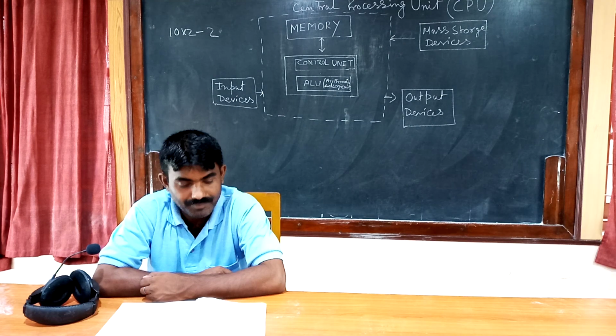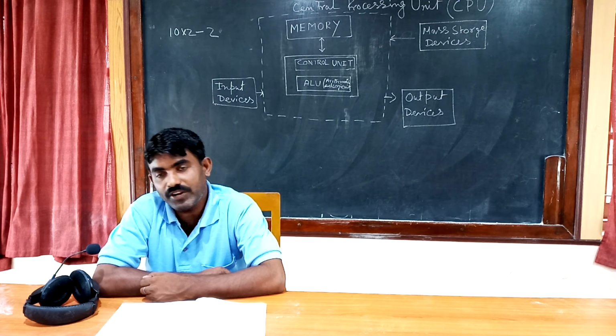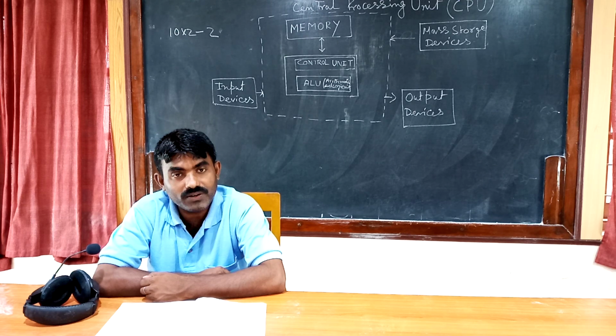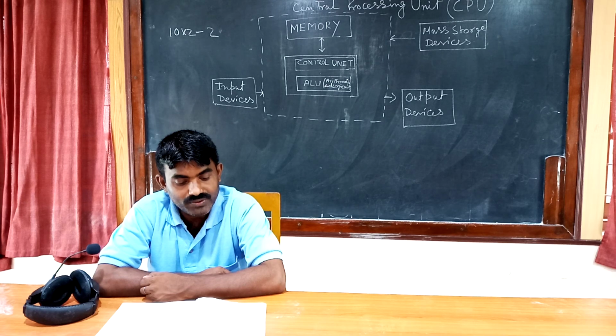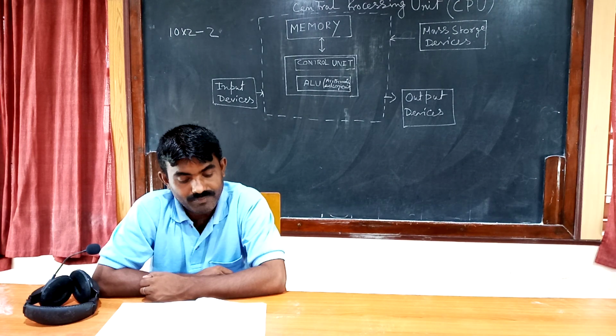Instructions of a program are read by the CPU and stored in the memory, and after that the binary codes or instructions which are stored in the IR, the instruction register, are read by the CPU from the IR.